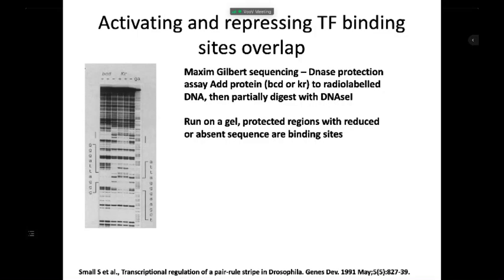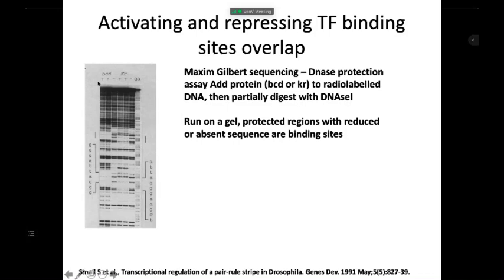And back in 1991, we would use a very old technique called Maxam-Gilbert sequencing and pair this with a DNase protection assay. We add a protein, either bicoid or Krüppel, to radiolabeled DNA, and then partially digest this DNA with a DNase, DNase I. Then we can run this on a polyacrylamide gel, and the protected regions that have reduced or absent sequence, so these regions here and these regions here, are the binding sites for these transcription factors.